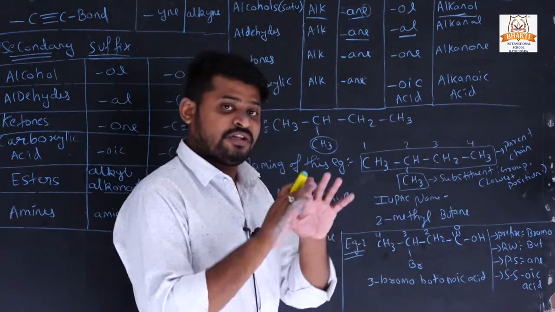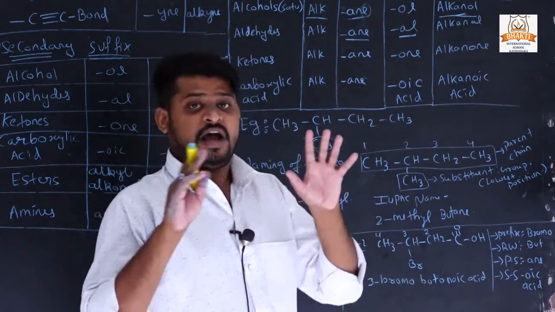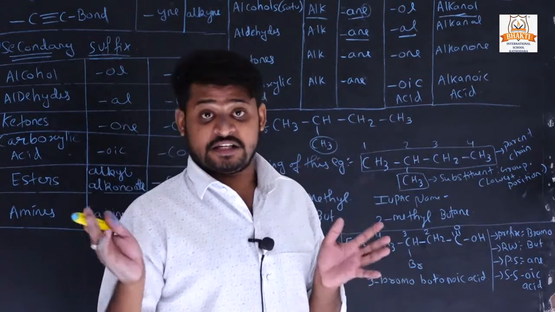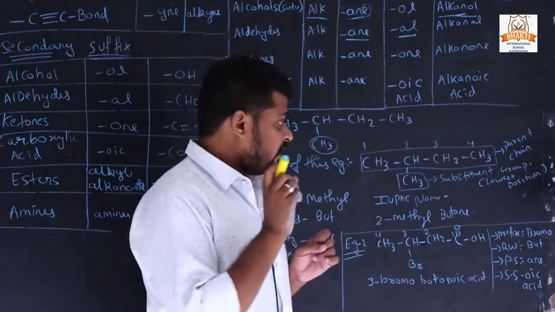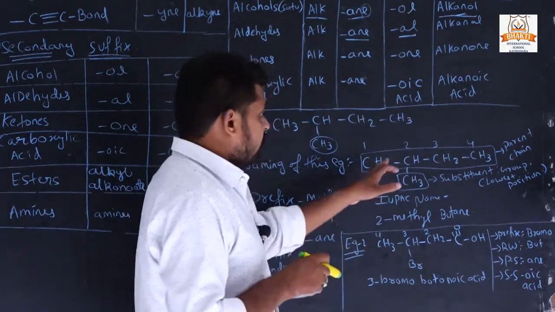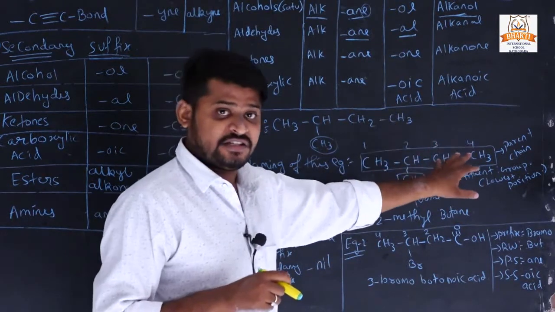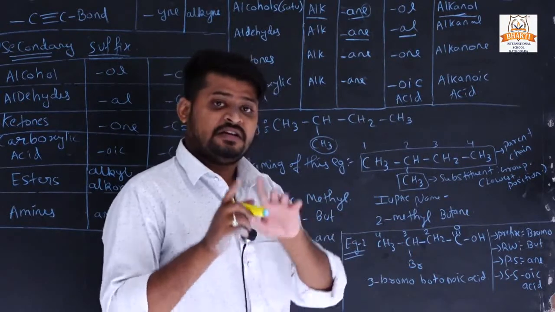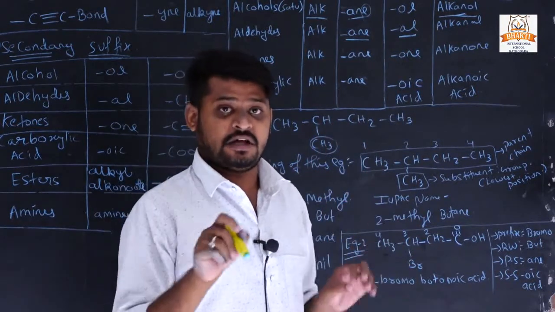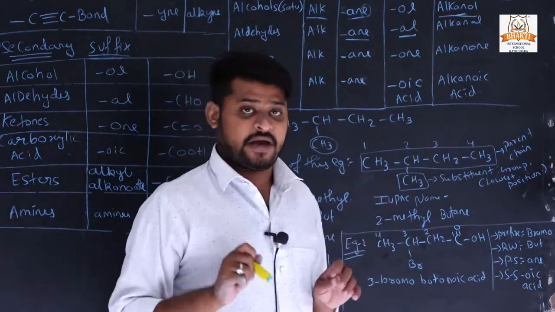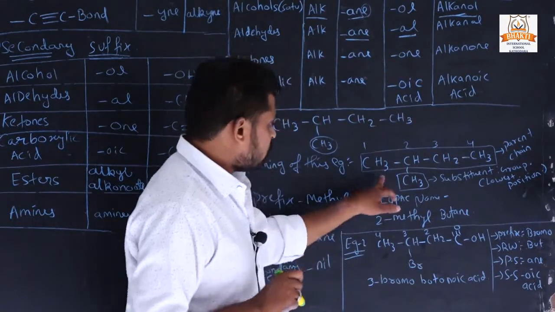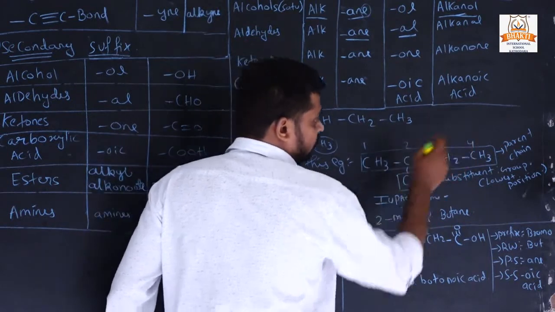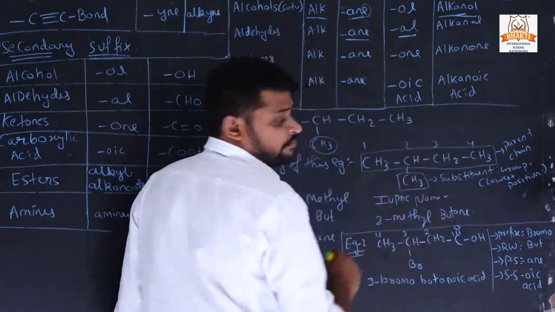First we have to choose the parent chain, as we already studied in saturated and unsaturated hydrocarbons. In that, first we select a parent chain, then we give the name. What is the parent chain? The longest chain of carbon is called the parent chain.